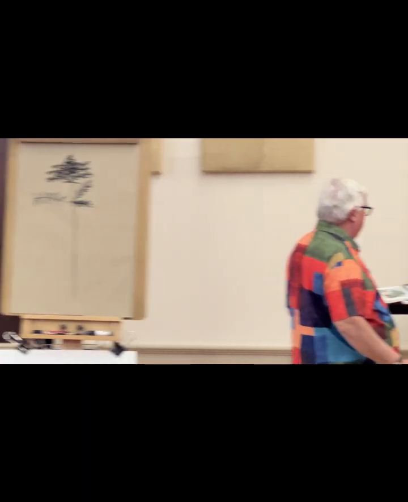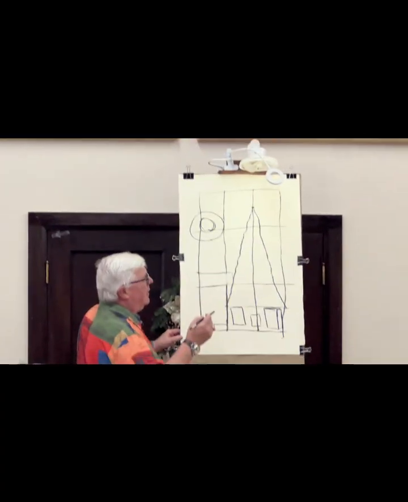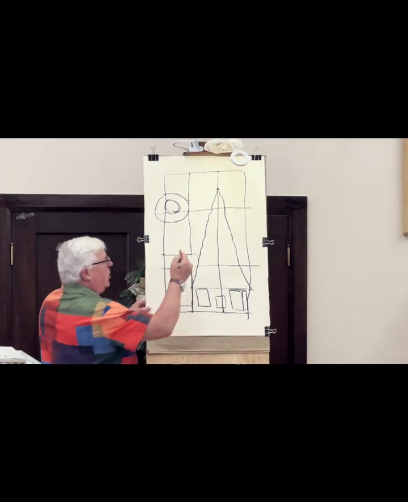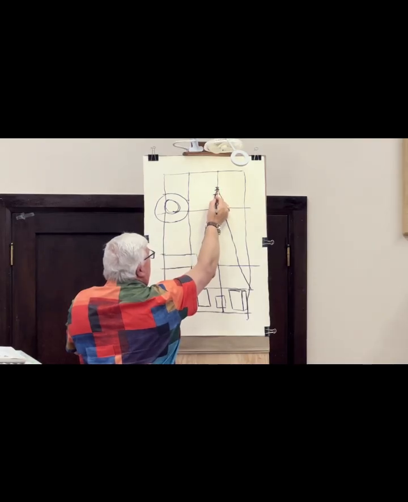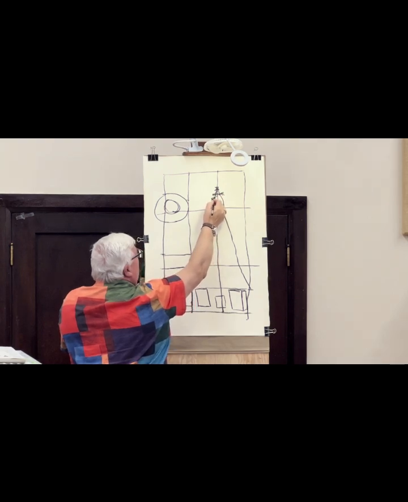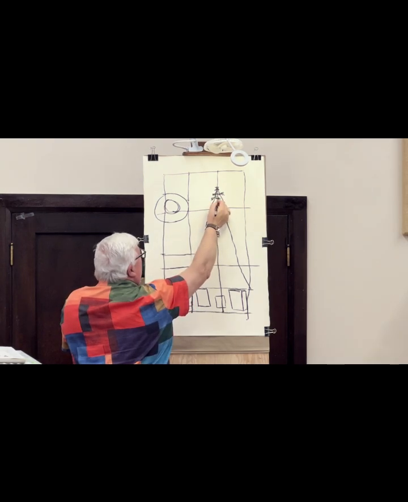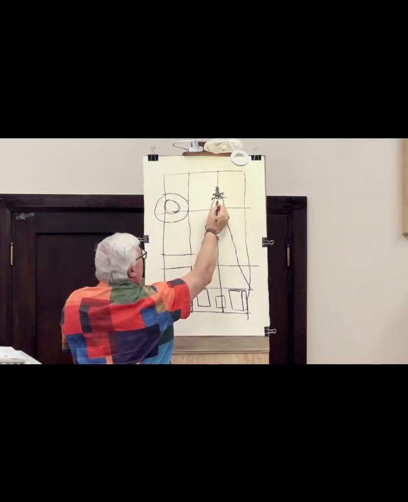So let's come over here. I think I can do it with this one. And we're going to do the same thing, but a little smaller. And then have your branches come out. And make sure you put your dark areas underneath them, leaving some of the white space.